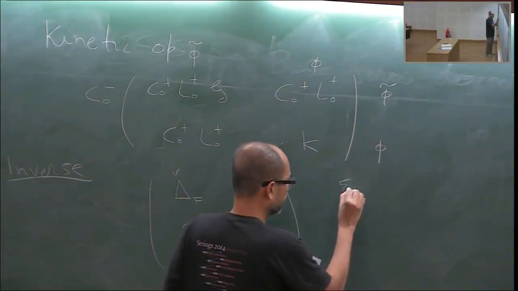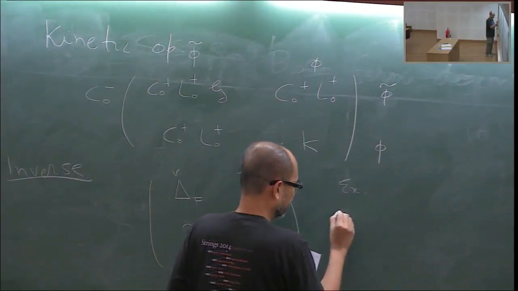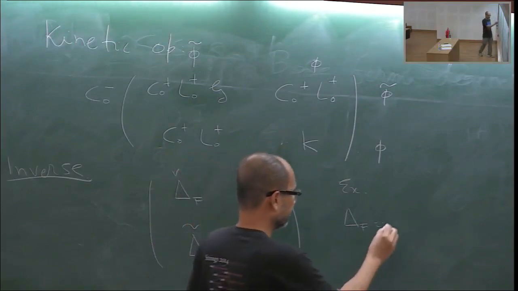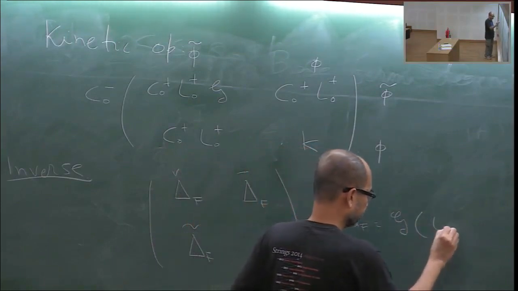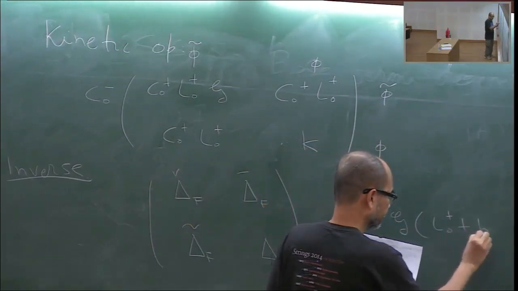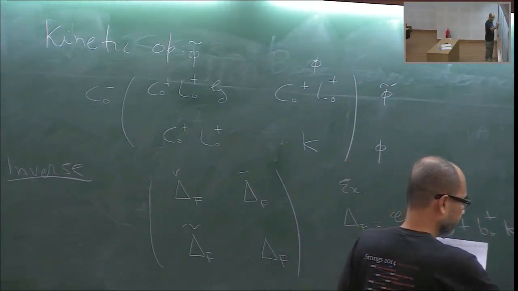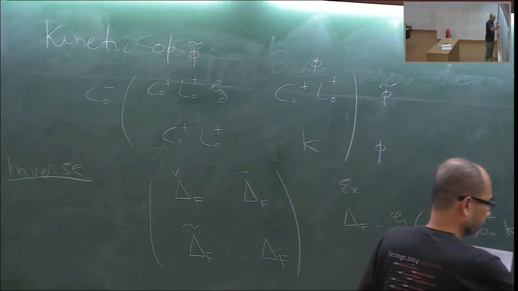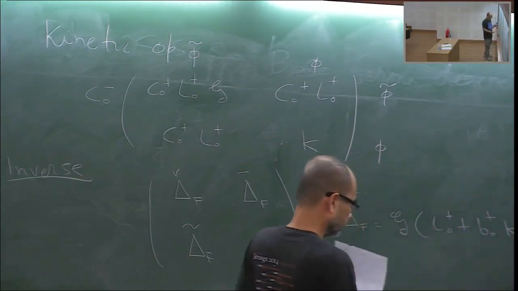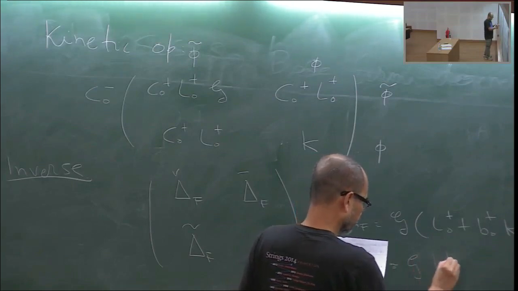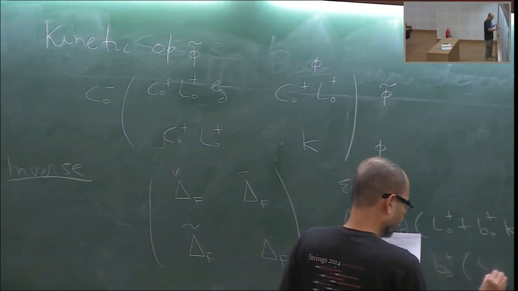So exercise is to show that delta f is G. It can be written these two different ways.